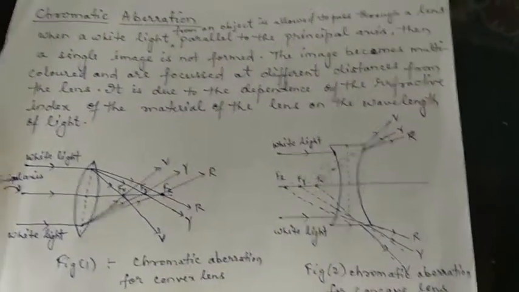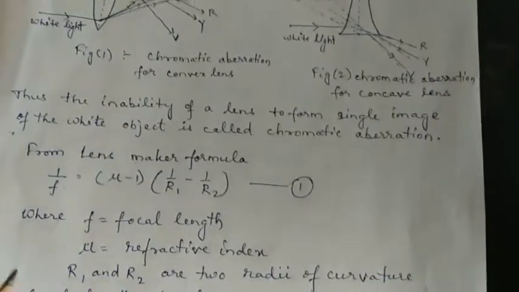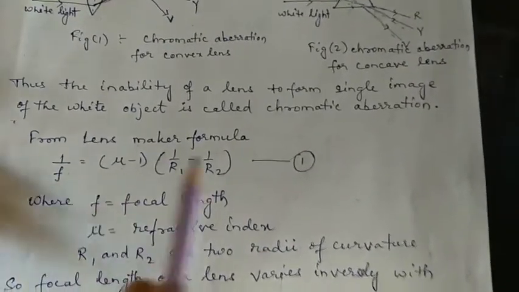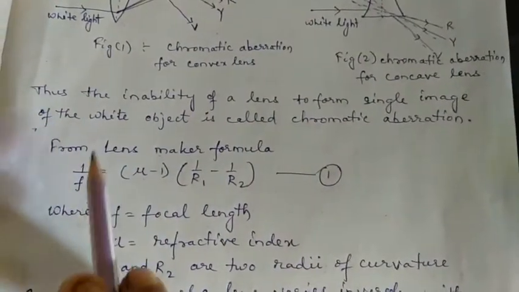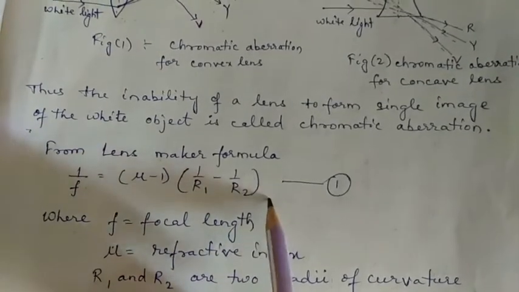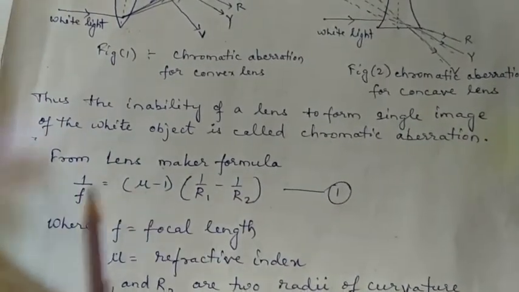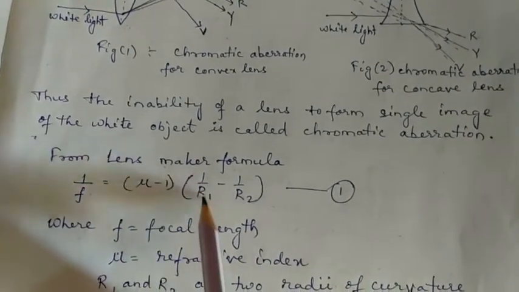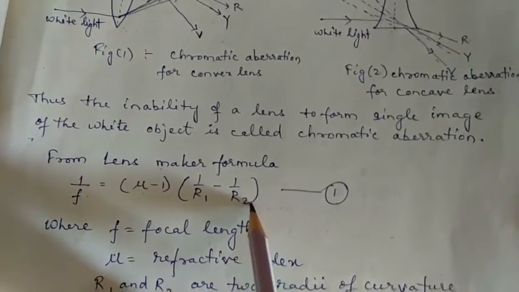So you can say the inability of lenses to form a single image of the white object is called chromatic aberration. From the lensmaker formula, we know that 1/f = (mu - 1)(1/r1 - 1/r2), where f is the focal length, mu is the refractive index, r1 and r2 are the radii of curvature.